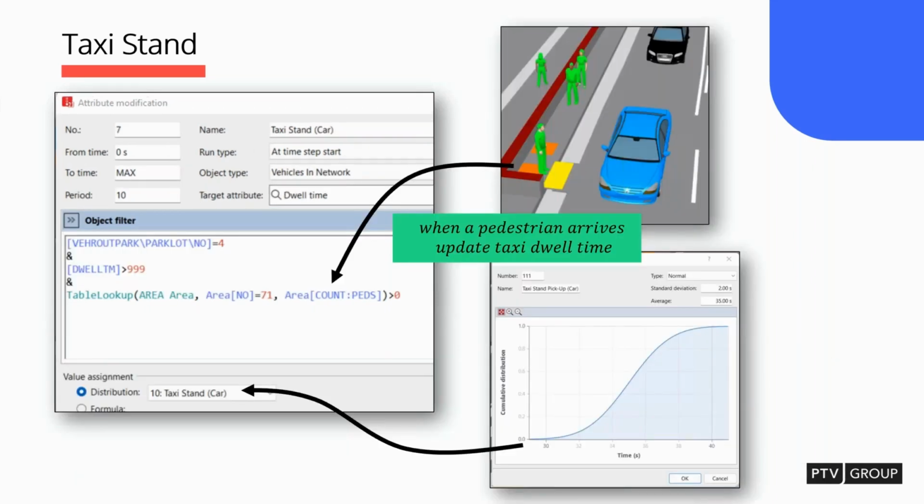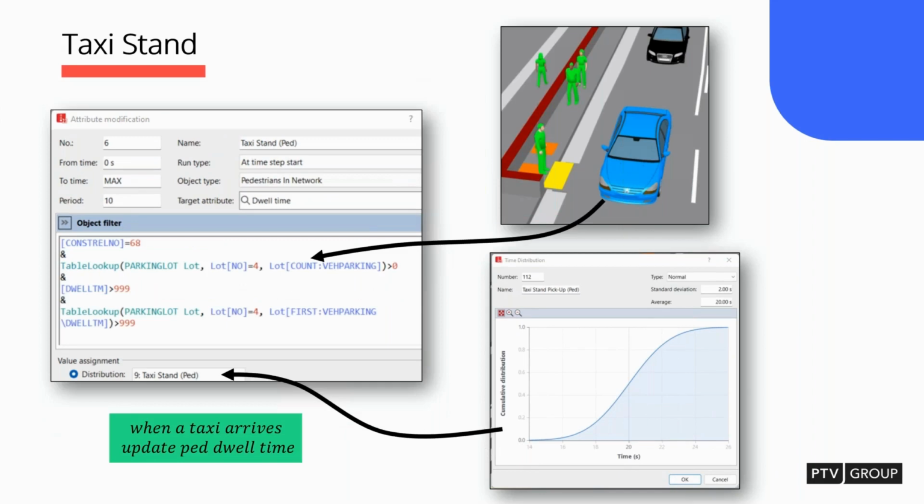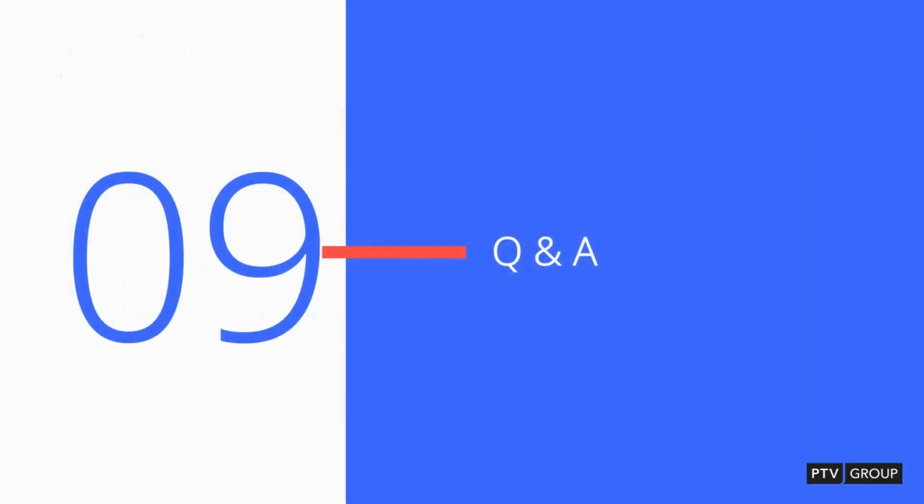And then once the taxis are there, we say, okay, if there's a pedestrian there, the dwell time of the taxi goes from infinite down to whatever the boarding time is for a person into a taxi. And then vice versa, if a pedestrian is there and a taxi is there, change their dwell time to whatever a pedestrian boarding time would be for that taxi.